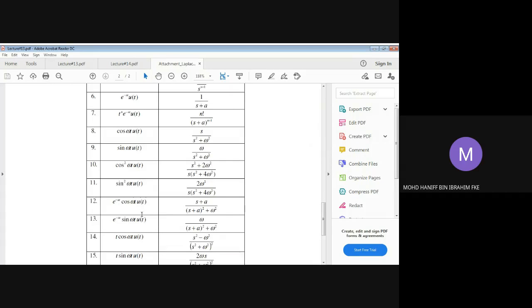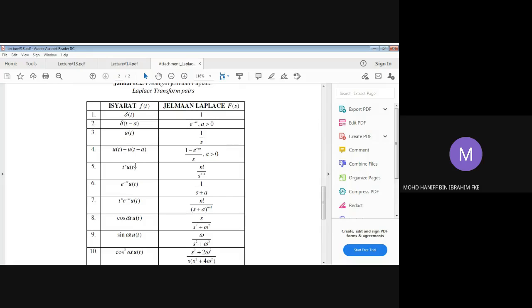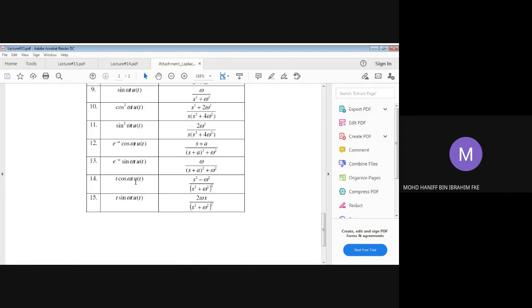One thing to be noted here: most of the functions here have a u(t). This means that the Laplace transform only involves the integration for positive t values, which is reflected by the integration range just now.